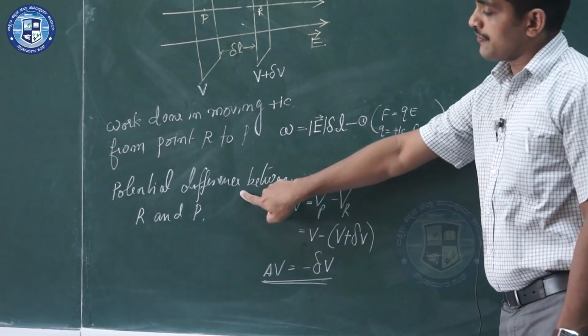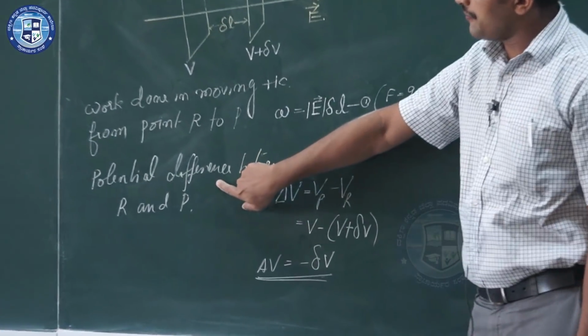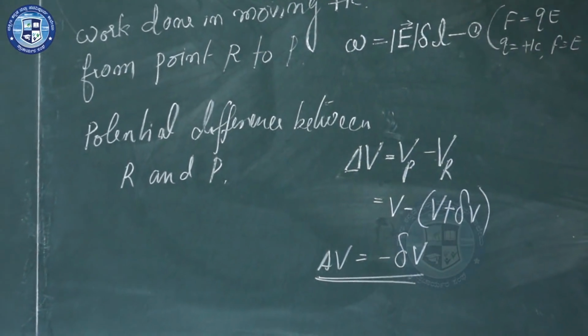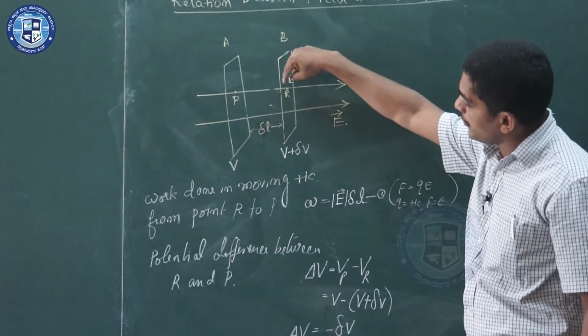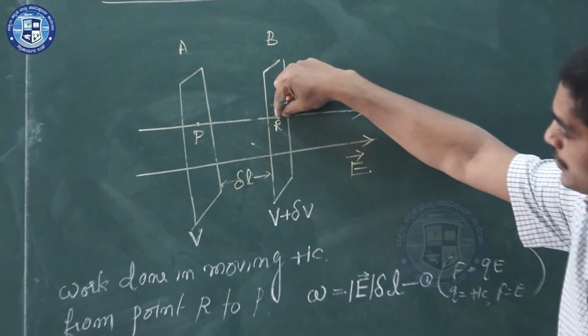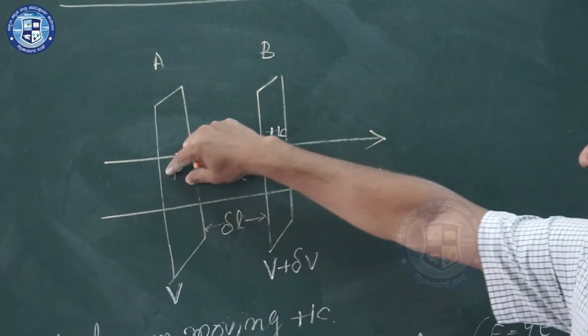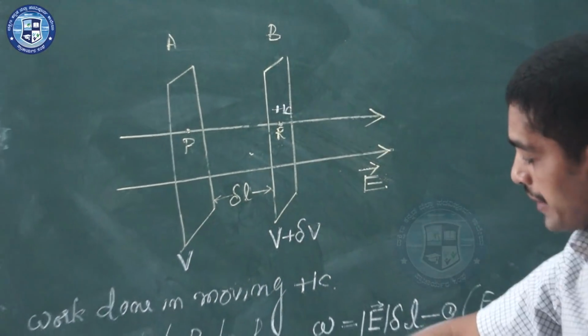Now, what is the definition of potential difference? The potential difference between any two points is nothing but the work done in moving a unit positive charge from R to P. So, this work done is nothing but the potential difference.